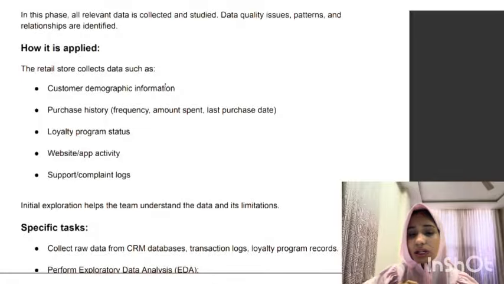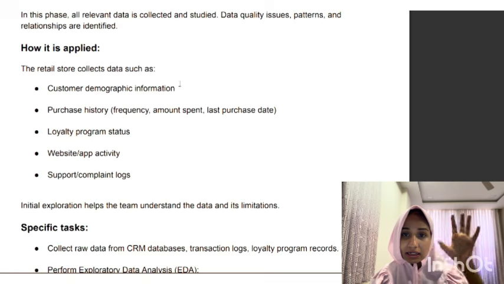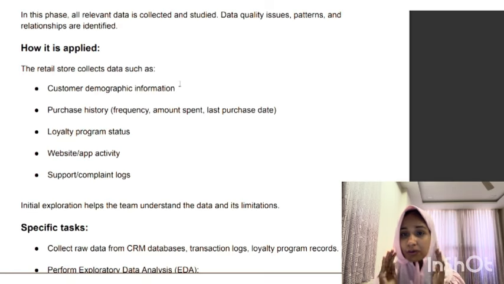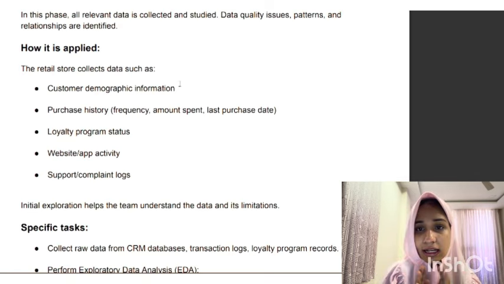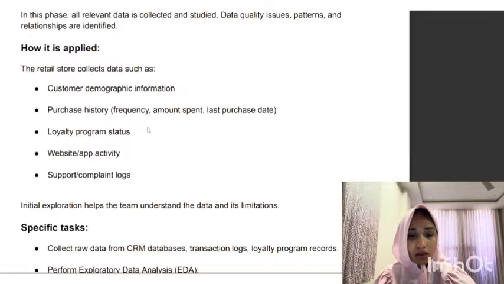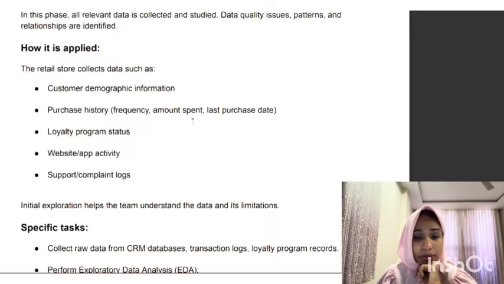Now, how is it applied? The retail store collects data such as customer demographic information. So the retail store needs to collect all this data. Purchase history, like frequency, amount spent, and last purchase date. These are the purchase history of a customer.